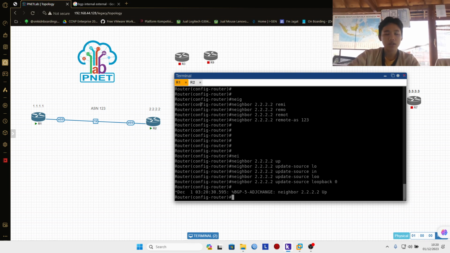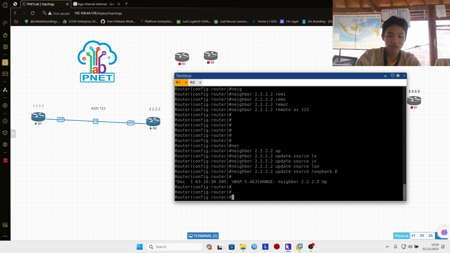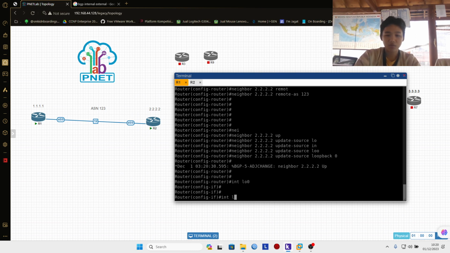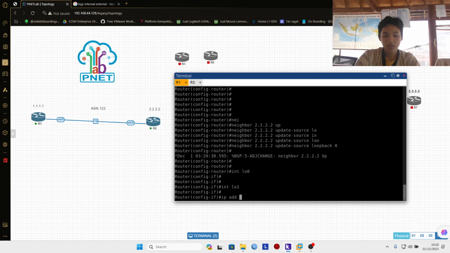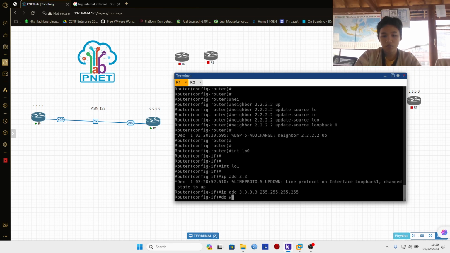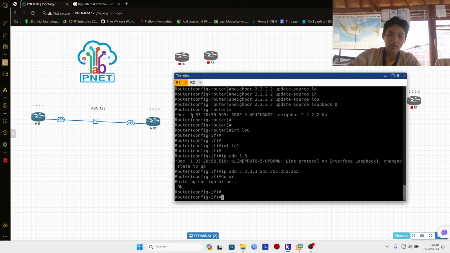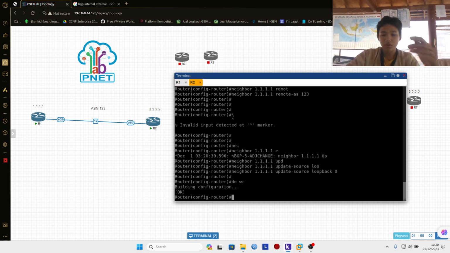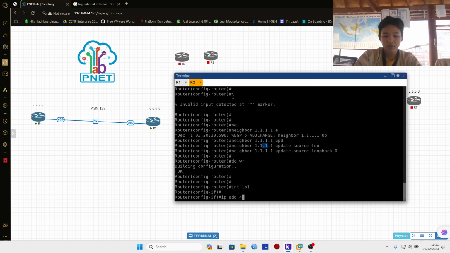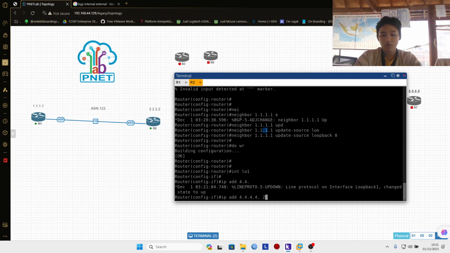To make sure that it works, add some interfaces: interface loopback 1, IP address 3.3.3.3, and don't advertise it in EIGRP. Interface loopback 1, IP address 4.4.4.4, same thing.